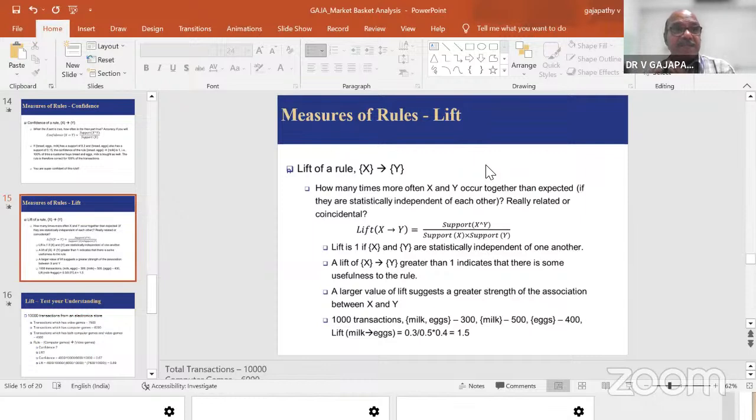If it is less than 1, it is independent. If it is greater than 1, it means it is dependent. Therefore, we expect it should be as much as possible, greater than 1. It goes beyond, because the association will be more, therefore you will be making profit. I'm doing positively.